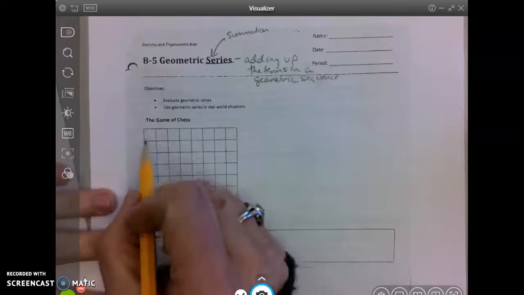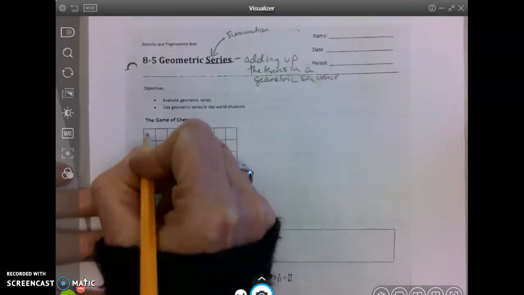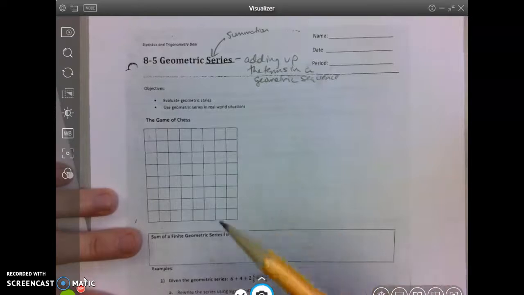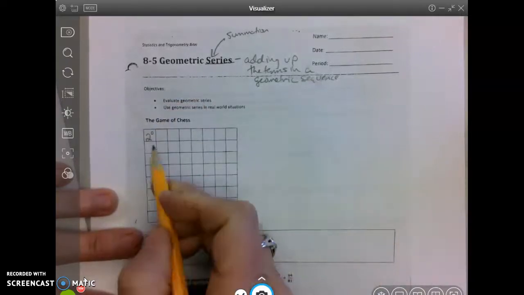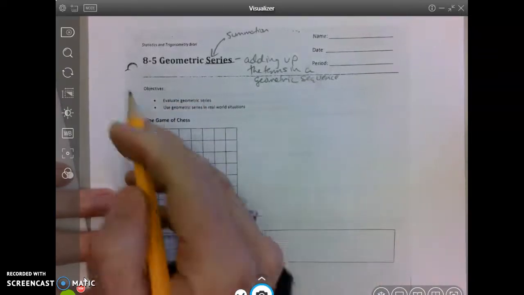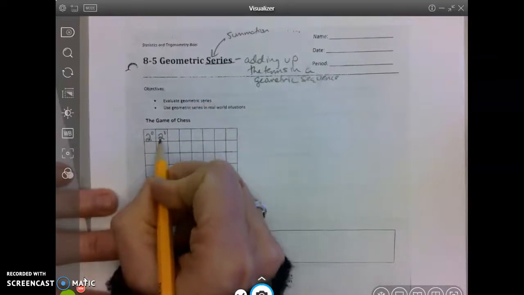So if we have one head of grain here, we're going to write everything to a power of 2 because we're going to be doubling everything, so we're going to keep multiplying by 2. So in this first square, I'd have 2 to the 0, which is 1. And then here I'm going to have 2 to the first because I doubled it, so I went from 1 to 2.